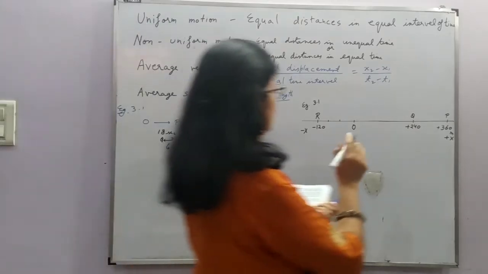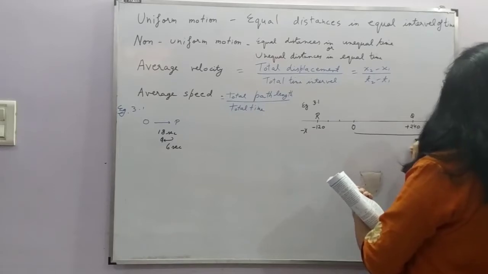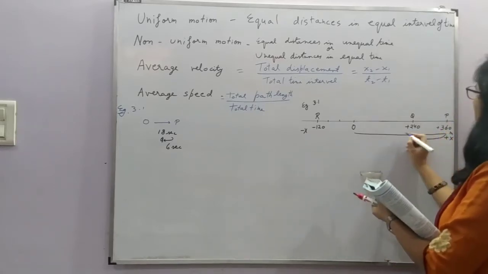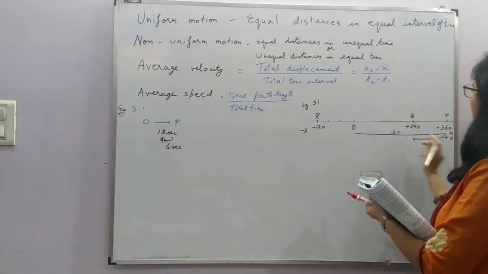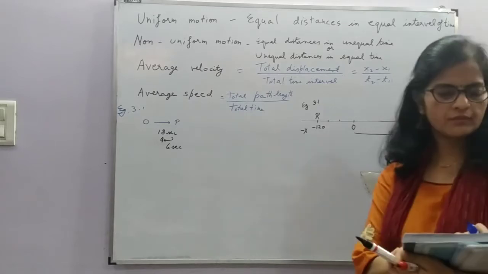So you can see here that it first goes from O to P and then returns to Q. This is taking 18 seconds and this journey is taking 6 seconds.